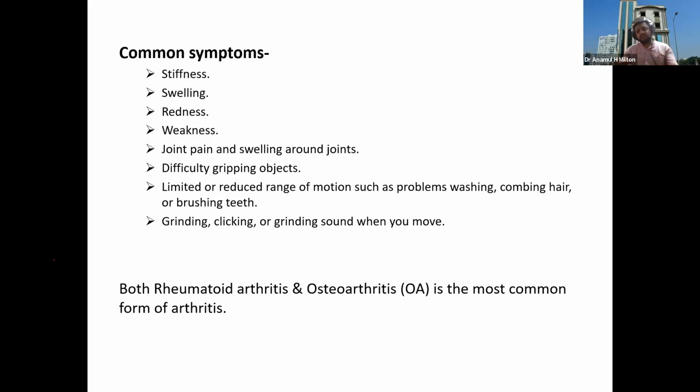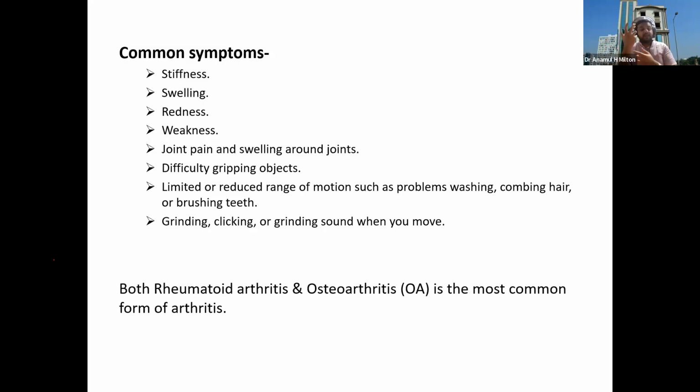So a few months later, when this disease is spreading over the body, at that time we can find any other problem or any other symptoms.